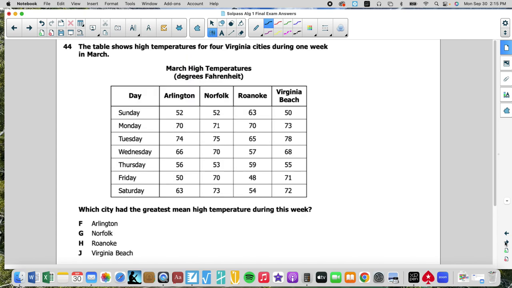The table shows high temperatures for 4 Virginia cities during 1 week in March. Which city has the greatest mean high temperature during this week? Mean high. So we're going to add those and average them.